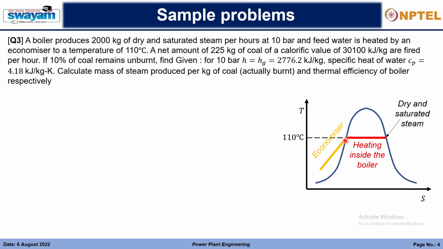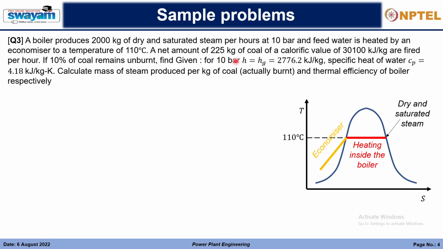Till 110 degrees Celsius the economizer is supplying the heat, and from here, from water directly to dry and saturated steam, it is getting the heat from the boiler. Then a net amount of 225 kg of coal of calorific value 30,100 kilojoule per kg is fired per hour.